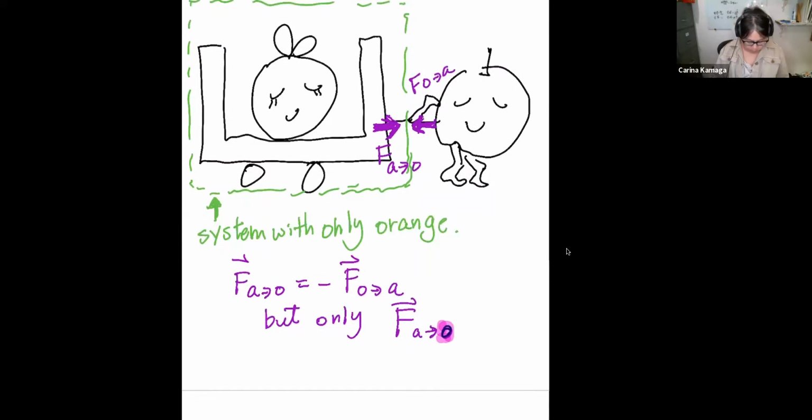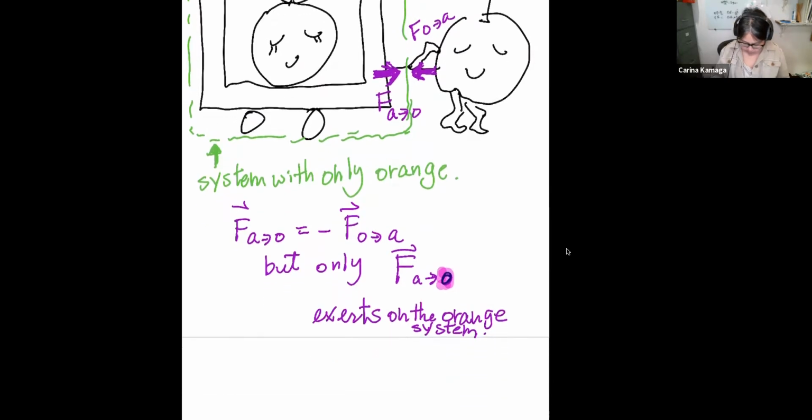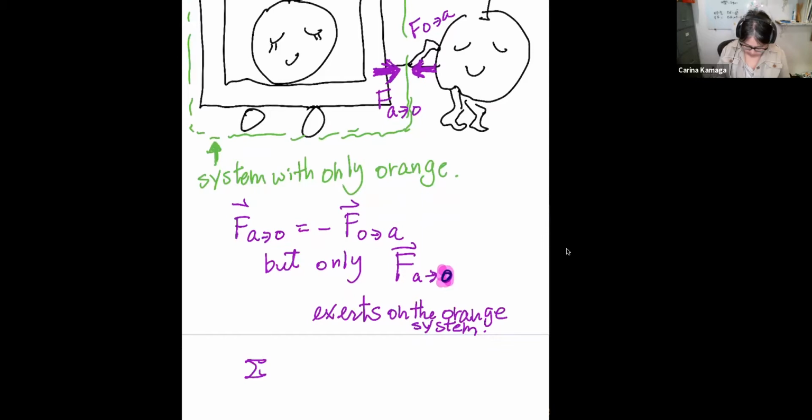So this force is the only force that is exerted on the orange system. Right? So the net force on the orange equals the force from apple onto orange.